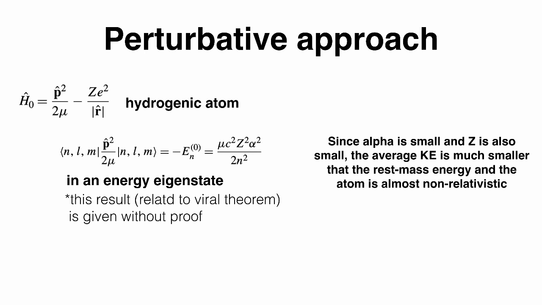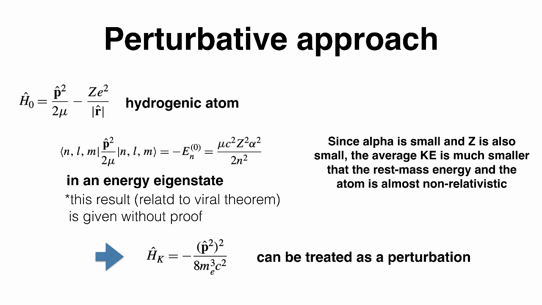We get this energy that depends on n, and of course, if n is very small, this effect is much larger, since we have 1 over n squared, just as we expect. And that's also related to the fact that the electron is farther away or closer to the nucleus, so the acceleration depends on this.